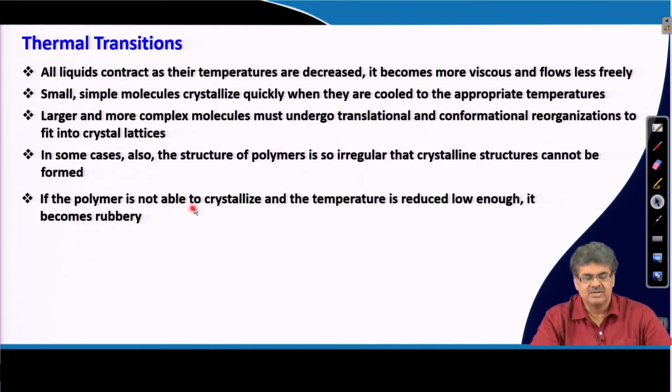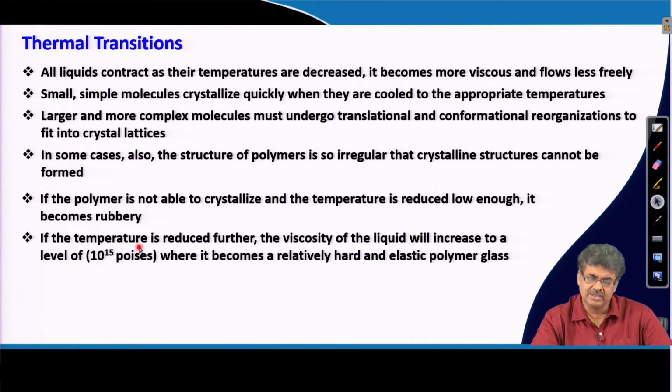And if the polymer is not able to crystallize, then if the temperature is reduced further and it goes below a certain temperature, it becomes rubbery in nature, and if you reduce the temperature further, then the viscosity of the liquid becomes so high that it is like a solid material. It does not flow at all, it becomes very hard, a polymer glass material.